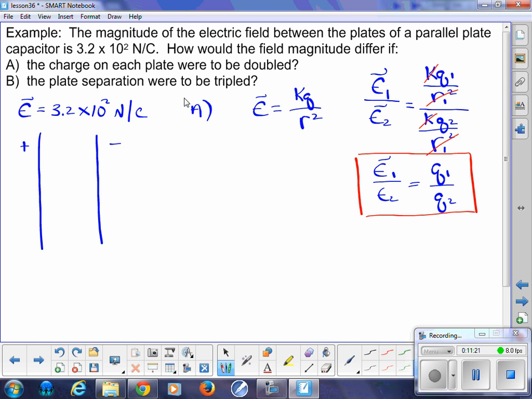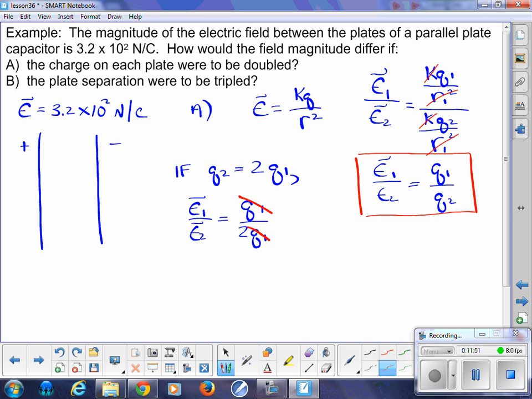So when we solve the question for A, distance plays no role. Oh, sorry, it's charge for A. My mistake. So if the charge were doubled, if Q2 is equal to 2 times Q1, then E1 over E2 equals Q1 over 2Q1.